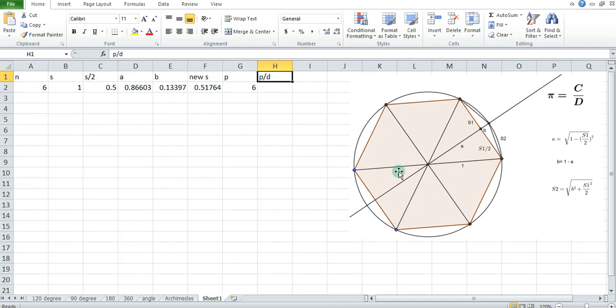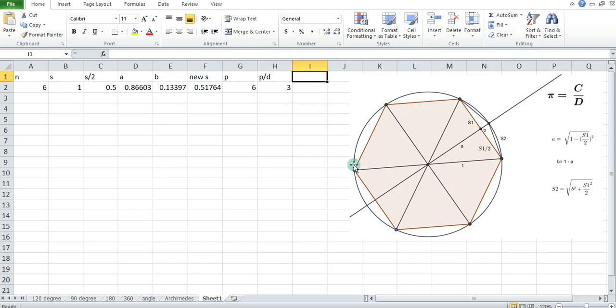So here the diameter will not change for any number of sides of the polygon. This diameter remains the same. So P over D, the ratio, is P, here 6, divided by the D, the diameter will not change, 2 units.